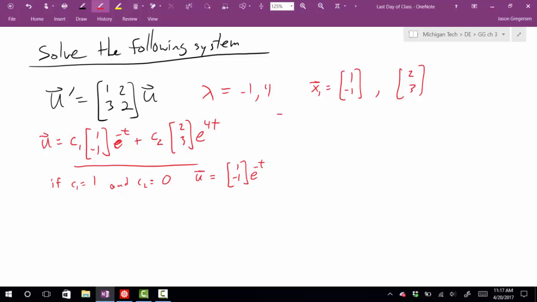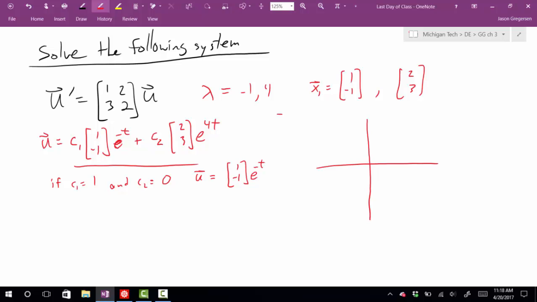Okay. All right, now I want to plot this guy and see what this thing looks like. Well, the idea is when I'm looking at this, I am seeing a vector 1, -1 times some number. If you put a specific value of t here, all you're doing is multiplying that vector by a number. But graphically, what does it mean to multiply a vector times a number? If you take a vector and multiply by 2, what are we doing to that vector? Scaling it. We're just stretching it. We're doubling its length, but it's pointing in the same direction.